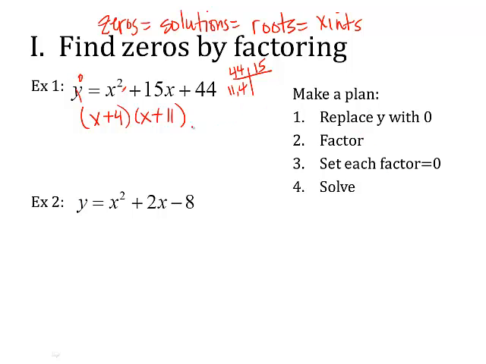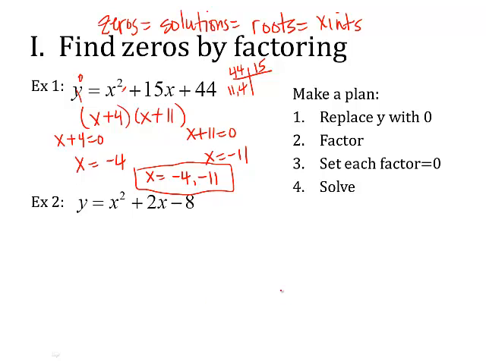Now I'm going to set each factor equal to 0, x plus 4 equal to 0, x plus 11 equal to 0, and then solve it. So x is negative 4, x is negative 11. So you could write your answer like that, or you could write them as points, since they're x-intercepts. Either way, you'll see it on your handouts listed like this. It's all the same.